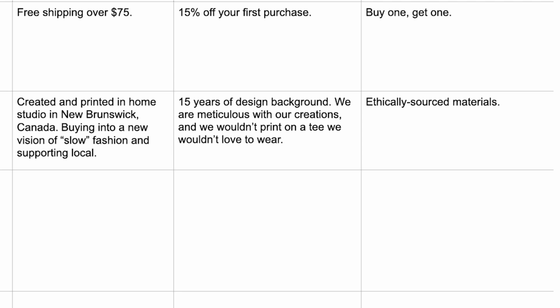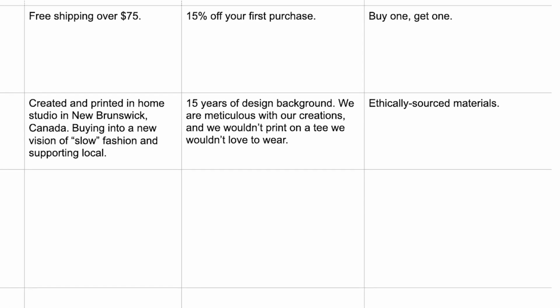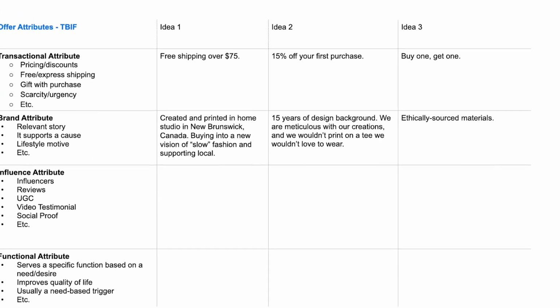Another idea that we came up with for brand attributes, one of the founders who designs the t-shirts has 15 years of design background. We're meticulous with our creations and we wouldn't print on a tee we wouldn't love to wear. And the last big idea here for brand attributes, all of our t-shirts include ethically sourced materials from the ink to the fabrics and all of the above.